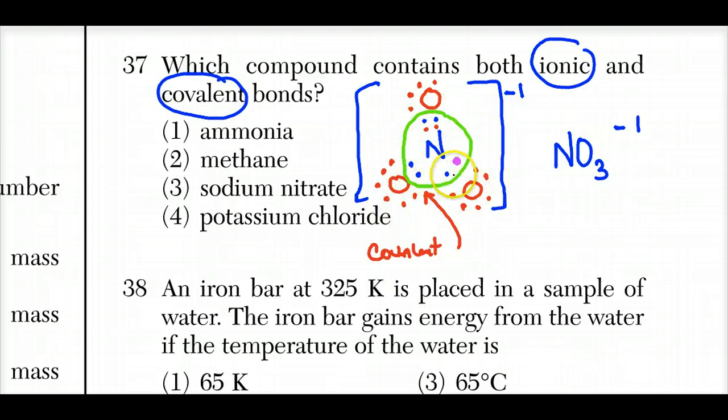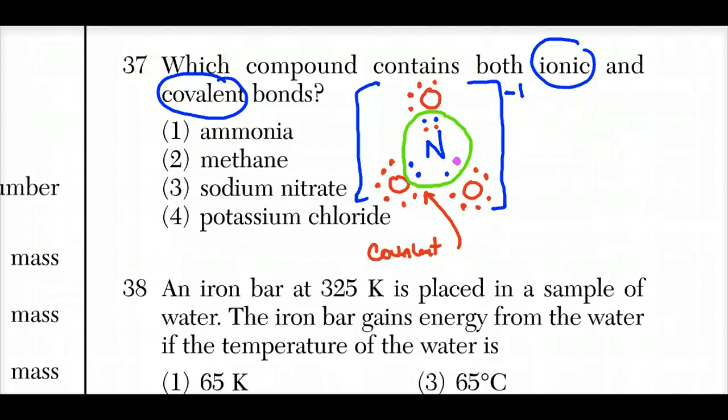Now this cluster is an ion because it needed an electron to make it work to become stable, for everyone to have its octet. So that's what this is. This is what the nitrate is. So in table E, you'll see a bunch of clusters of nonmetals that have charges. Now, where is the ionic bond if this is the covalent bond? Well, you're going to need something that is positive to attract it.